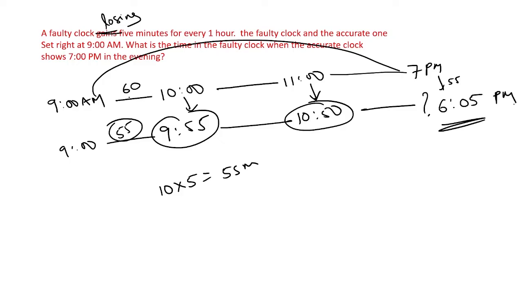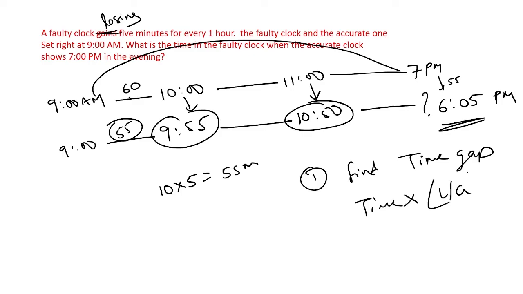That's it. So remember guys, I will just give you the steps. First of all, find out how much time gap is there. The second step is to multiply the time gap with the losing or gaining time. And the third step is, if it is gaining, add the time to the original one and you will get your answer.